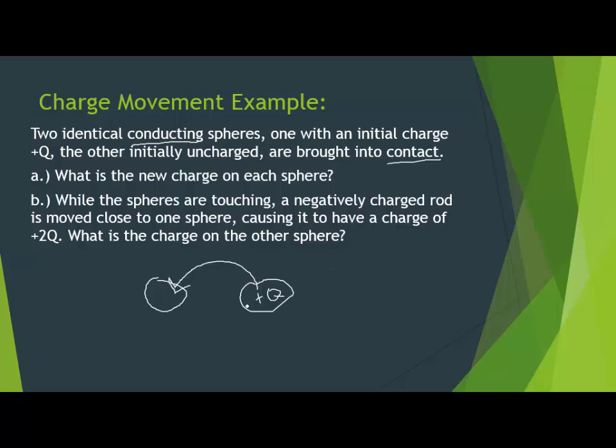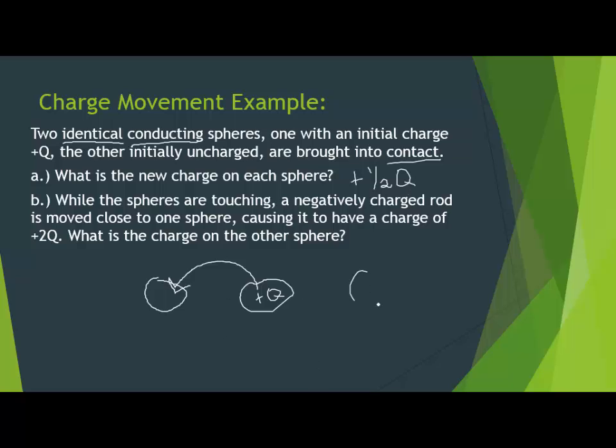Well, if I have plus Q and I touch it here, these charges are going to redistribute themselves equally and evenly between these two spheres because they are identical. We'll get more into situations where they might not distribute evenly later. But in this case, because they are identical spheres, that plus Q has to be shared between both of them. So each sphere will get 1/2 Q in charge.